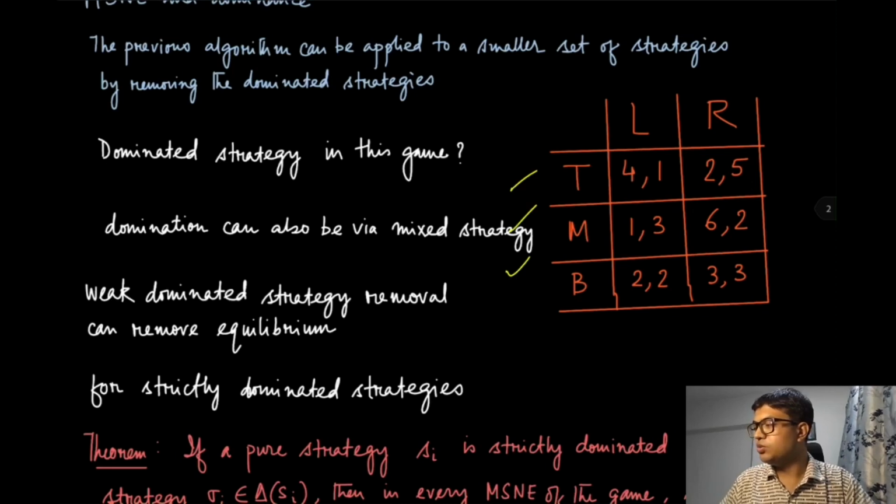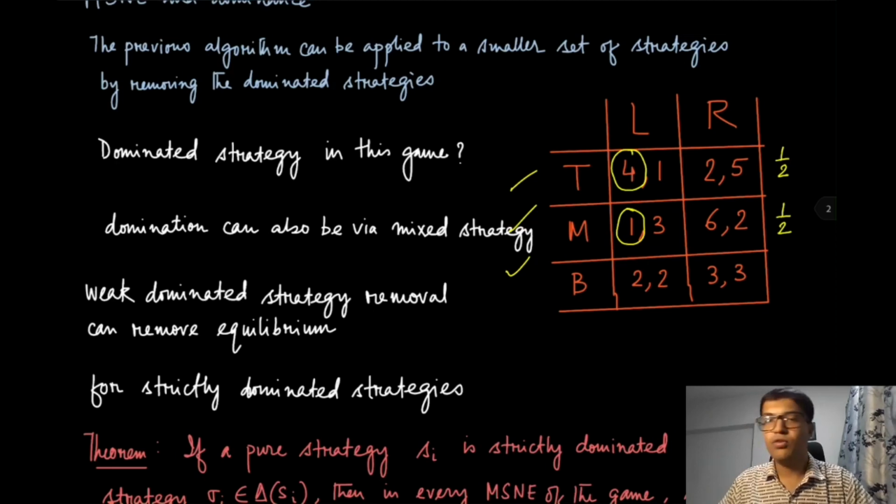Similarly, for player 2, there is no strategy which purely dominates the other strategies. But if you look at this strategy, where you are picking strategy T with probability half and strategy M with probability half, then consider the expected utility that this player is getting when it's playing half and half.